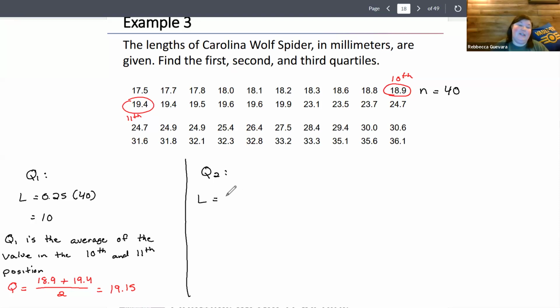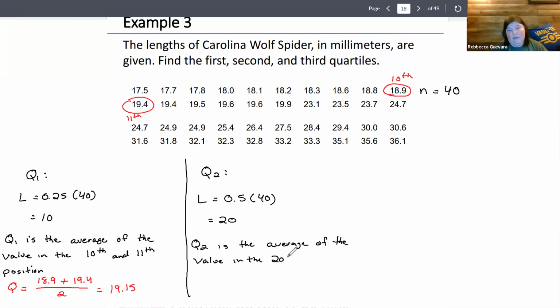All right, so my median, or my Q2, is 0.5 times n, which is 40, and that's going to give me 20. So my second quartile is the average of the value in the 20th and 21st position.